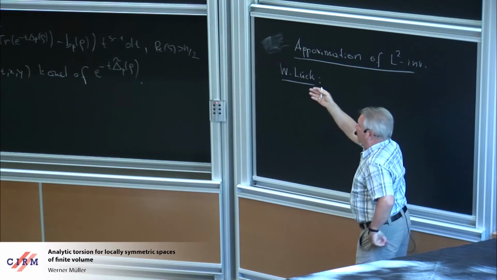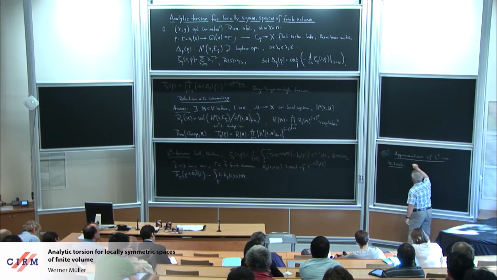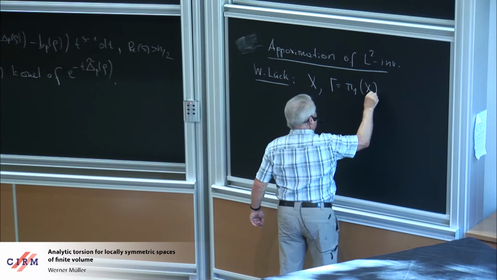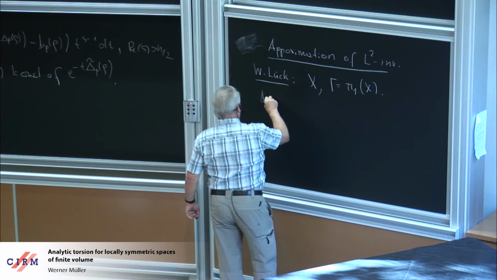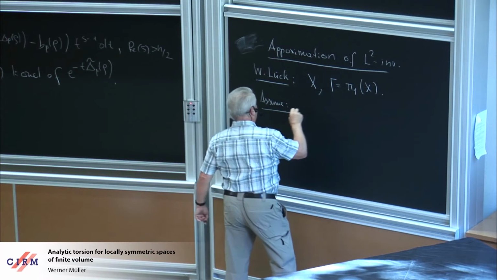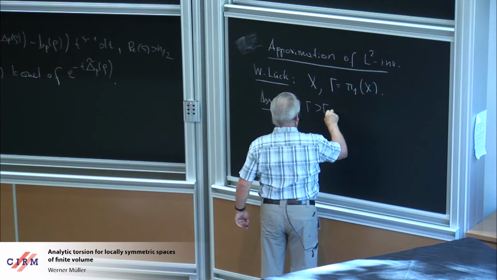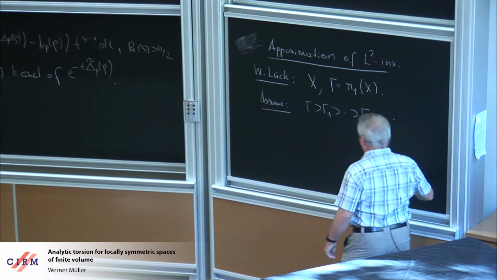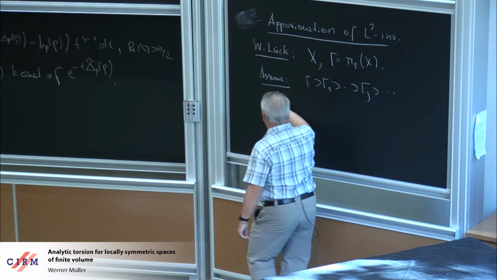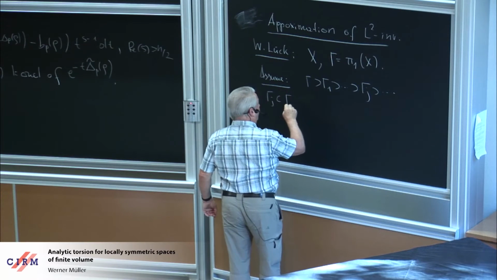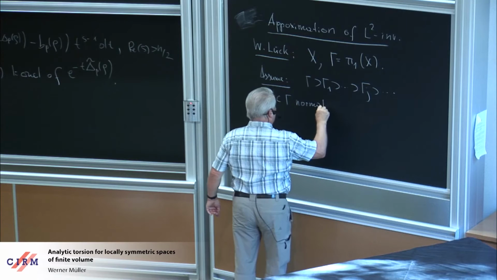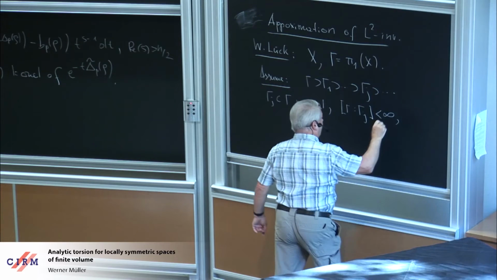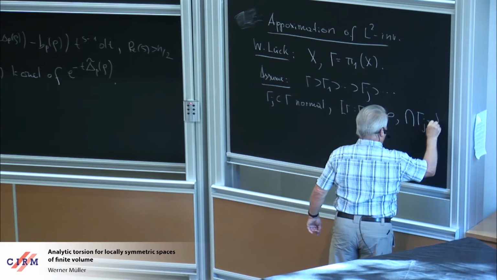So let's go back to the case of a compact manifold. So we have X, the fundamental group. And now assume that there is a tower of subgroups, a descending tower of normal subgroups of finite index, intersecting in the identity.